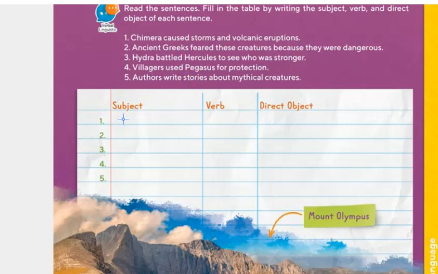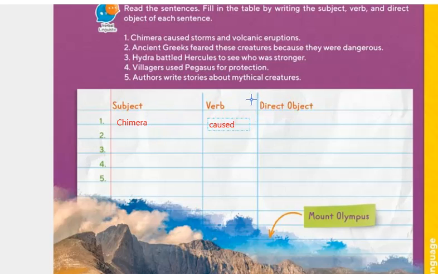So, first find the subject. The subject is, yes, of course, chimera. What is the verb? What is the action? Caused, right? Caused. So, to find the direct object, we have to ask the question.